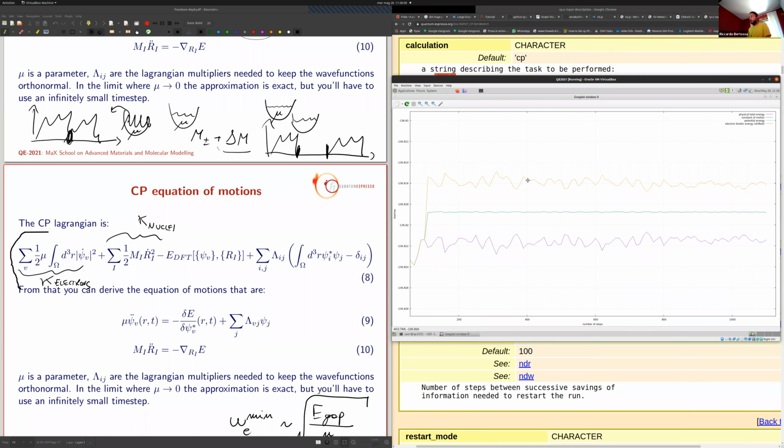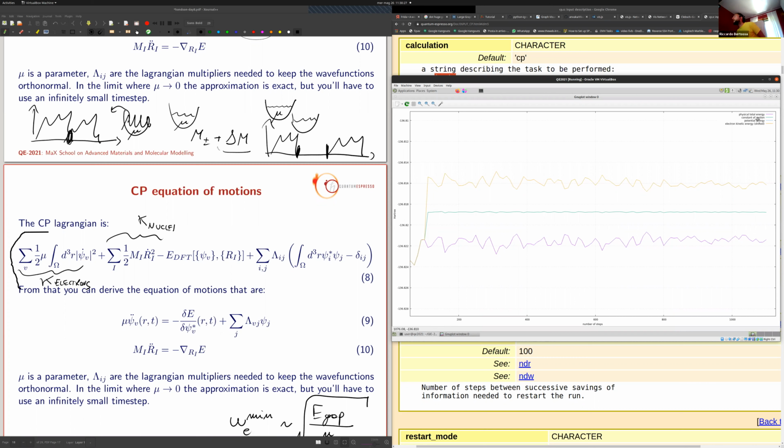If it is always the same, it means that there is no energy transfer between the nuclei and the electronic degrees of freedom, so you can trust the forces that the code is computing for you.